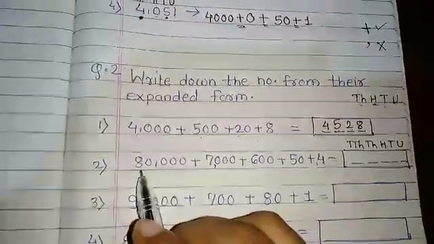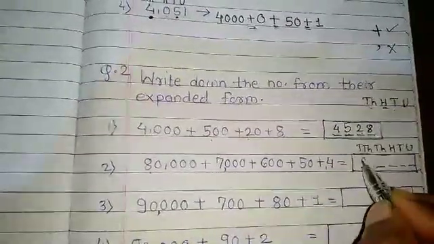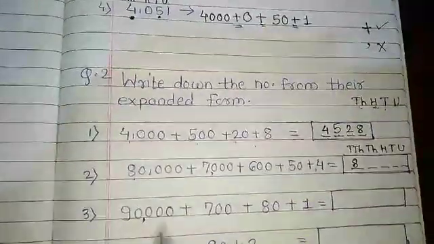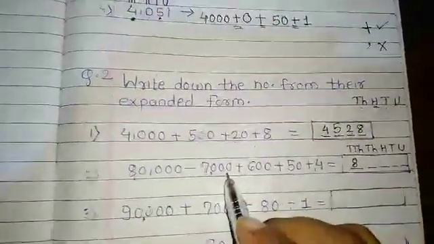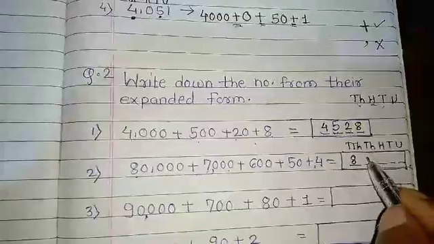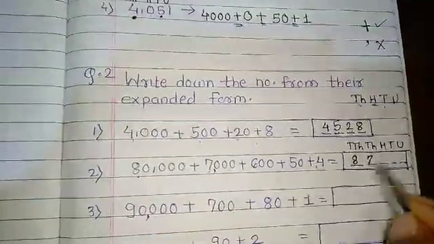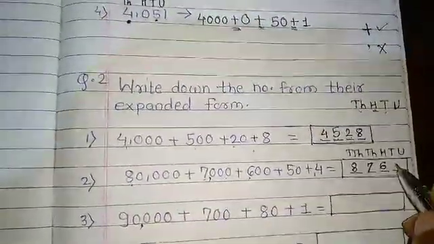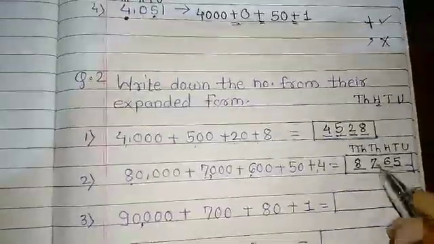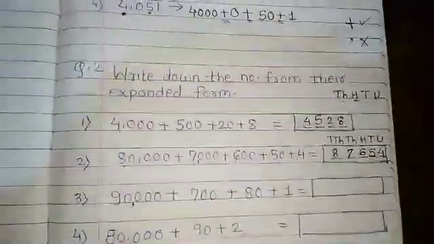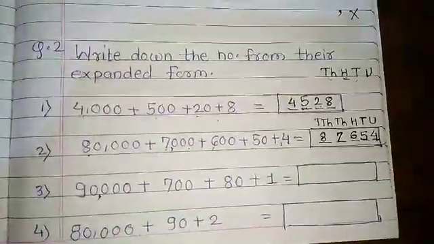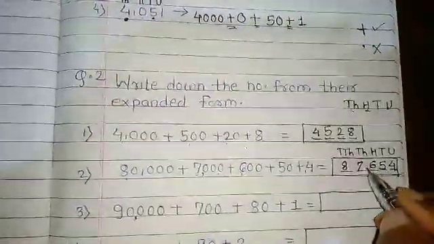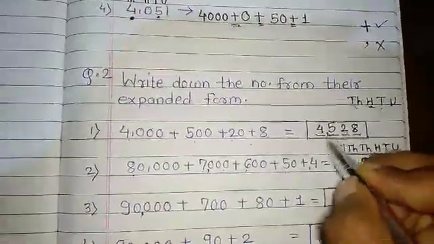Given 80,000. 80,000 means 8 is present at 10,000 place. Next is 7,000, which means 7 is at 1000 place. This is 600, which means 6 is at 100 place. 50 means 5 is at 10 place and 4 is at unit place. So what is the number? 87,654.